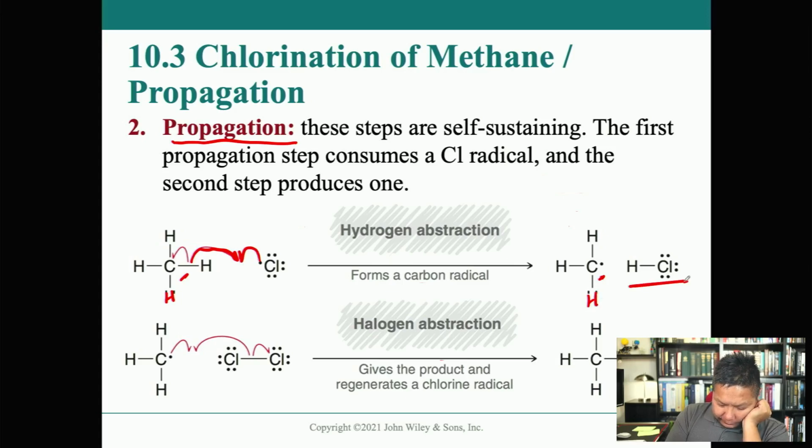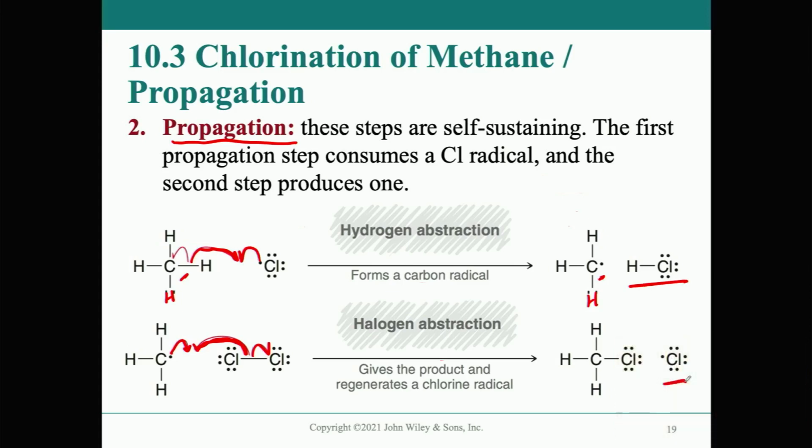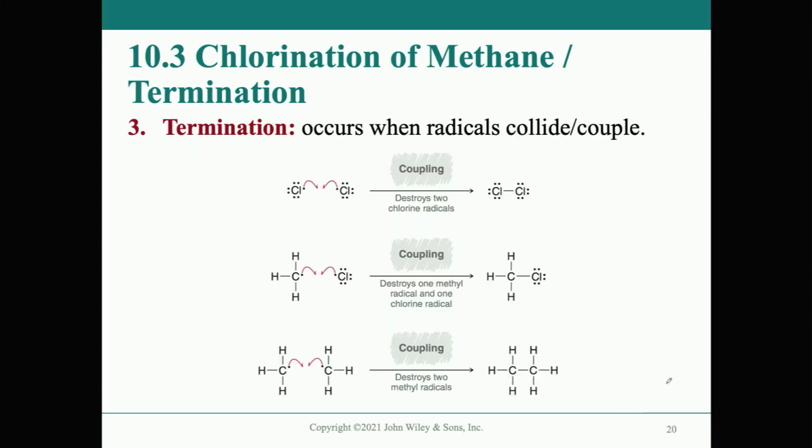So then the carbon radical can come over and do a halogen abstraction using a radical mechanism, leaving you with another chlorine radical. And this keeps on going.